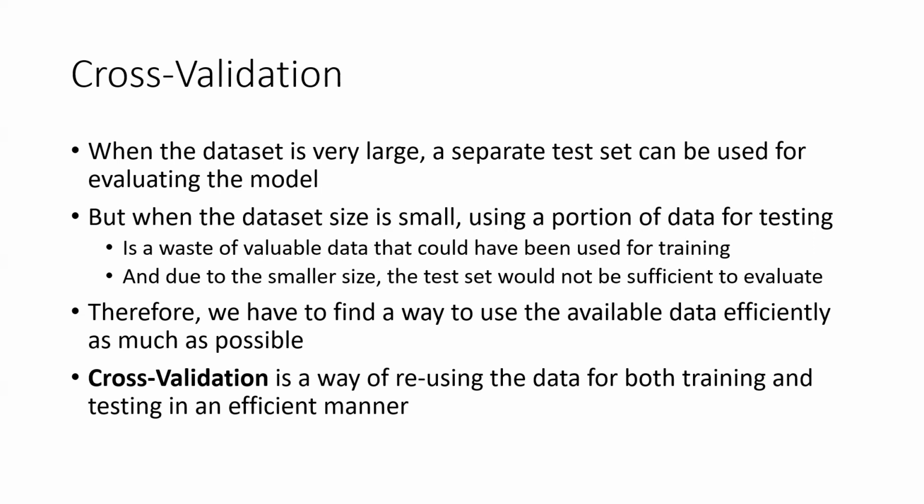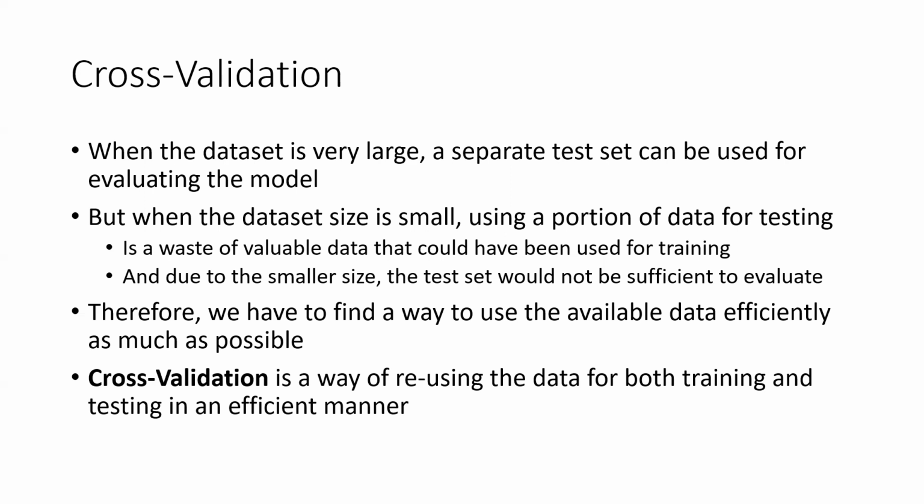Instead of using a single small data set for testing, you can use several data sets for testing and the remaining data sets for training, and then you can get the average, then you would have a better testing error, right? So that is the idea of cross validation, right?